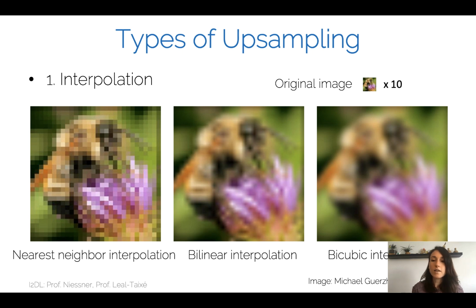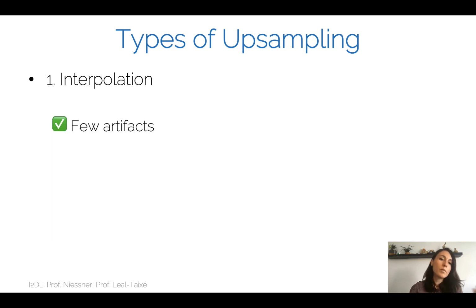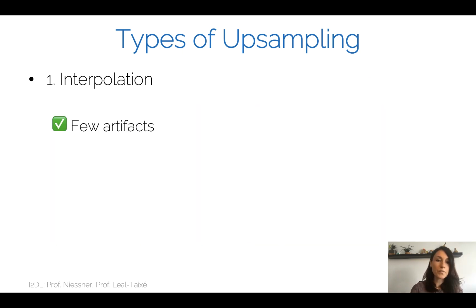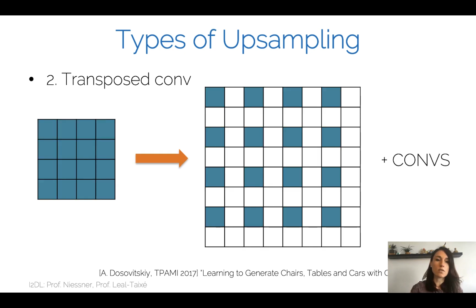You also have bilinear interpolation, in which you look at different neighbors, and depending on how far they are, you essentially perform a weighted average of the pixel. Therefore, you have this blurry effect, but a bit more natural. Or you have bicubic interpolation, which is yet another way of gathering information from neighbors. The cool thing about interpolation is that you introduce few artifacts, especially with bilinear interpolation. You just blur the image out, and therefore you can continue processing this representation.